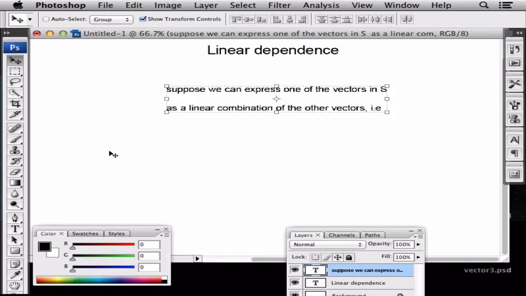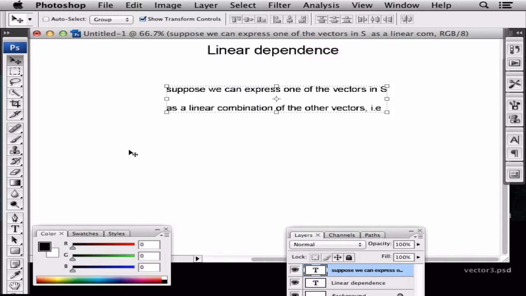Suppose any of the vectors in this set S could be expressed by making a linear combination of all the other vectors, but not this one. If we get to the same point by using all the other vectors, then we say that this set of vectors is linearly dependent. It's redundant, in a way: we didn't really need that vector. We could do without it to span the same space.